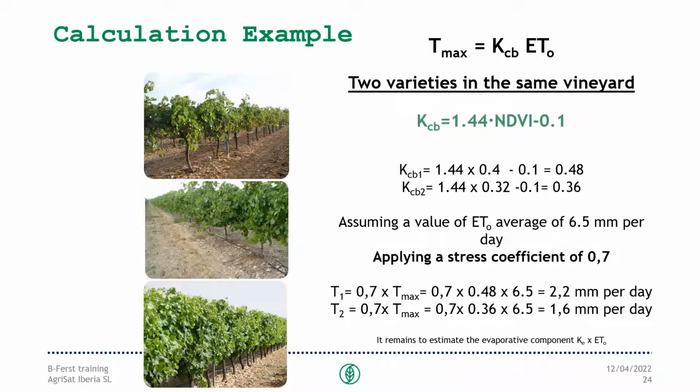A different state of vegetation represented by the NDVI will give us a different estimation of crop water requirements.